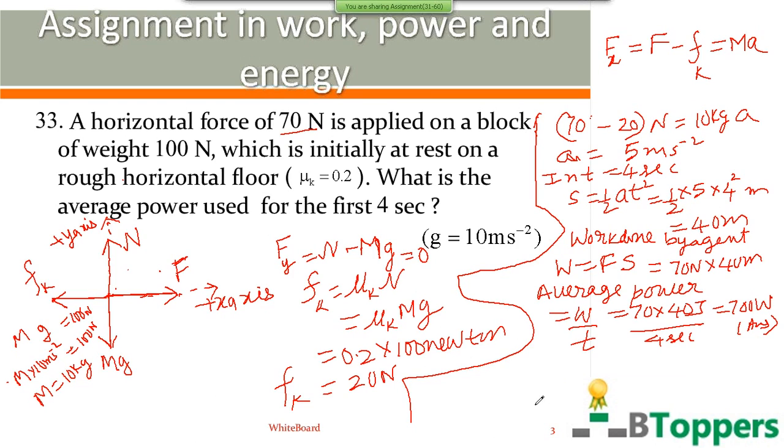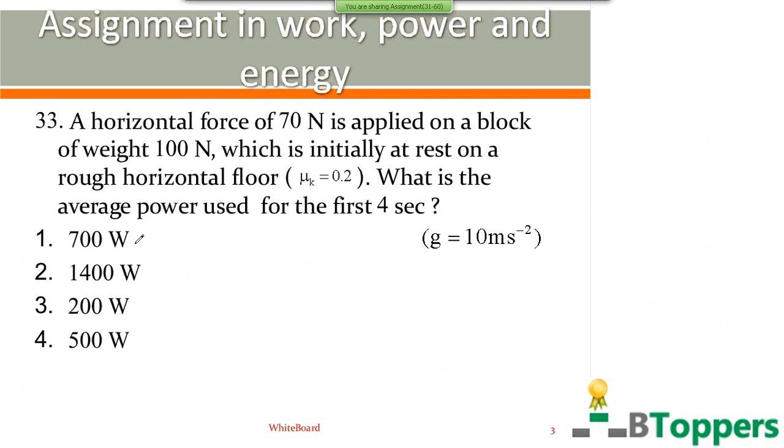If you want to copy down the solution of the problem, you can take a pause and copy down the solution. So for question number 33, which I just now discussed, the first option is the answer.